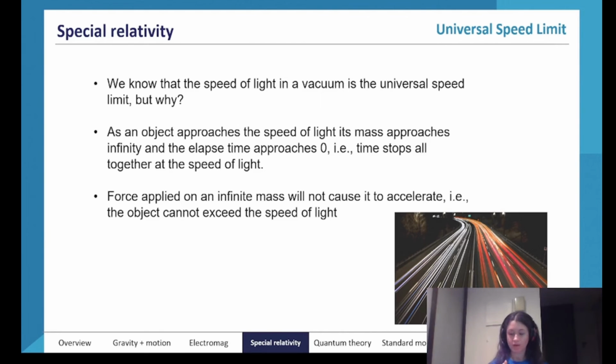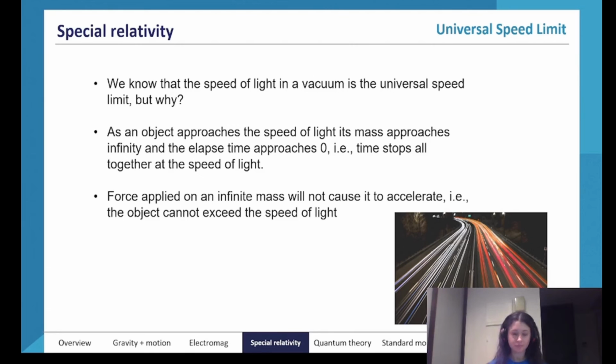The reason that all of these strange things are happening with our time dilation and our length contraction, and the fact that no object with mass can move at the speed of light, is this. The only things that can move at the speed of light are waves, things without mass.